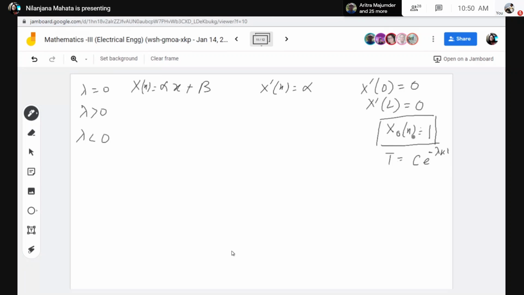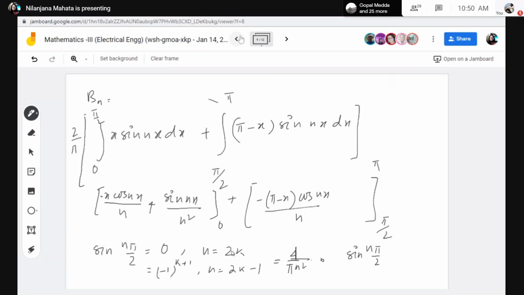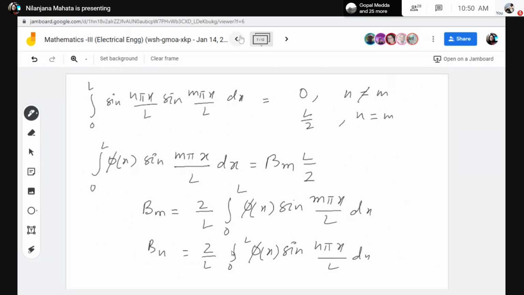So this solution u(x,t) may be a simple constant function, and that will be included in our general solution. We will remember that for lambda equal to 0, there is a solution in this form c0.